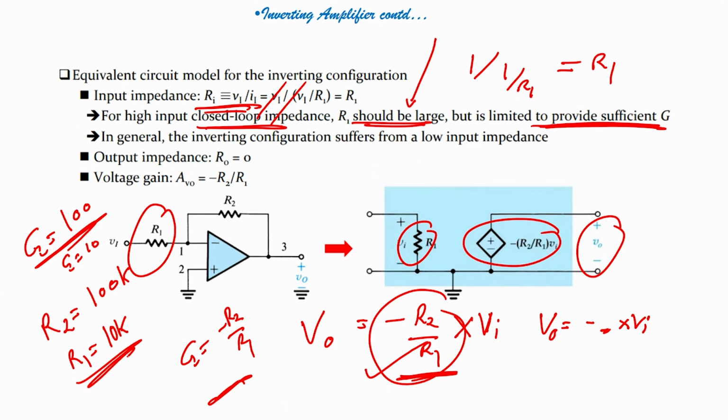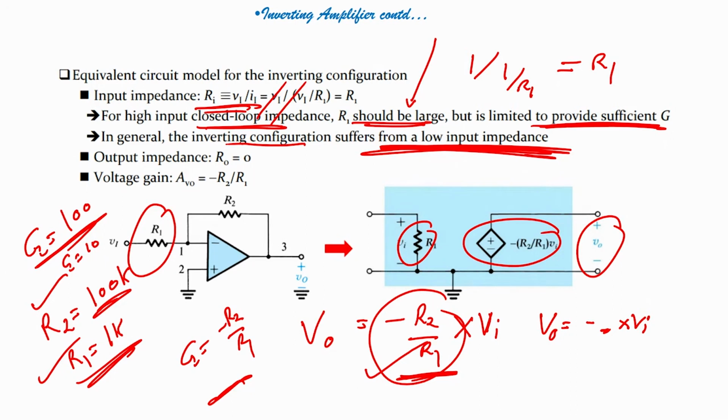Now, in general the inverting configuration suffers from low input impedance. You see here, why? Because you see here only R2 by R1, if I want to have a gain of 100, my R1 would be 1k if I select R2 equal to 100k. 1k is extremely small, but in reality we should have R1 or input impedance extremely high.